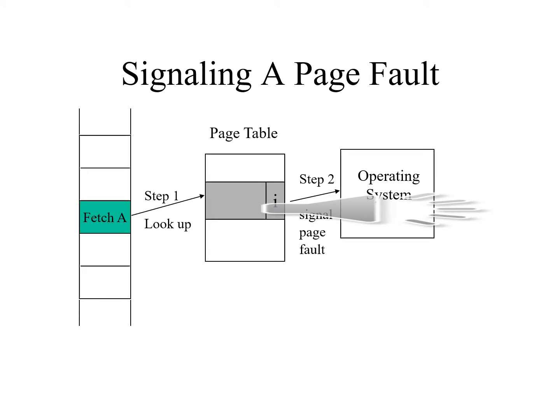Once the operating system determines the nature of the interrupt, it begins the process of handling a page fault. By the way, this will also happen if the next instruction to be executed happens to be in a different page of memory that has not yet been loaded.